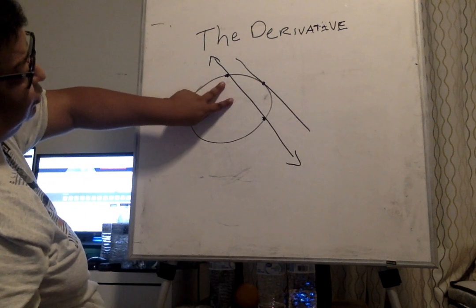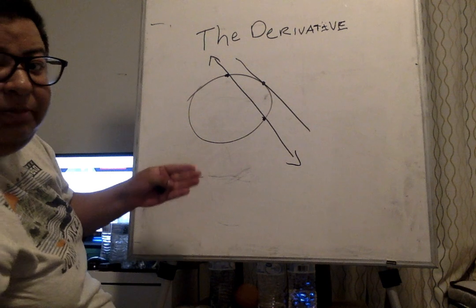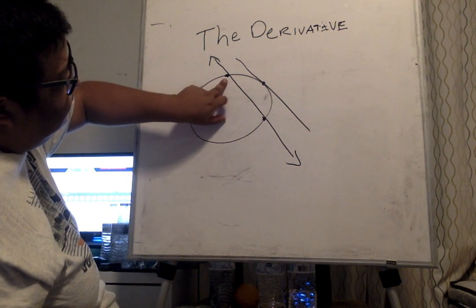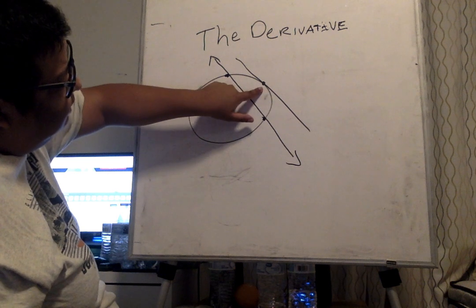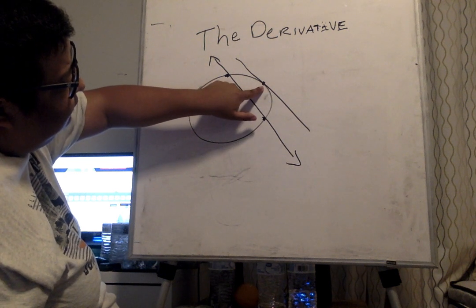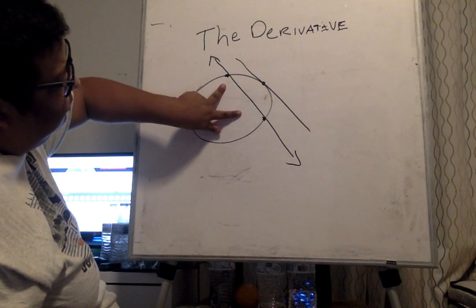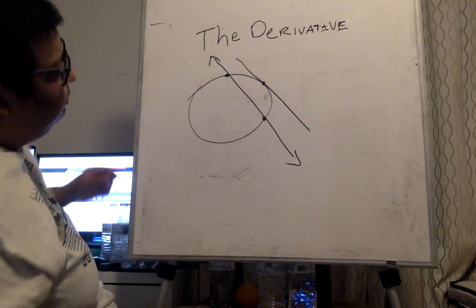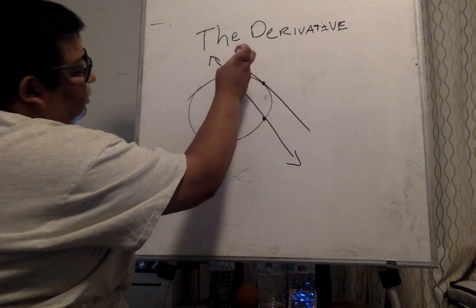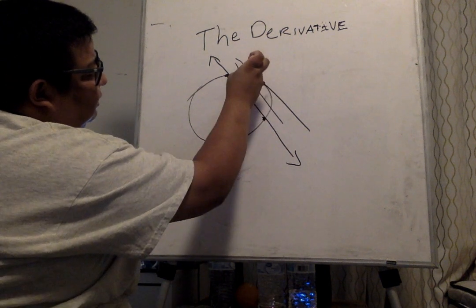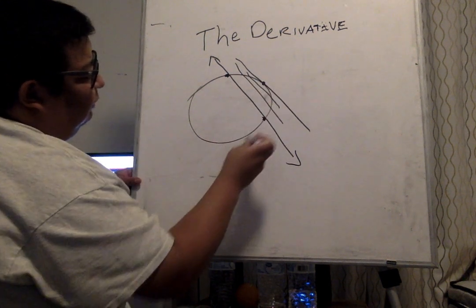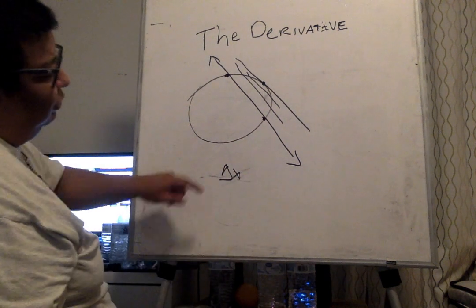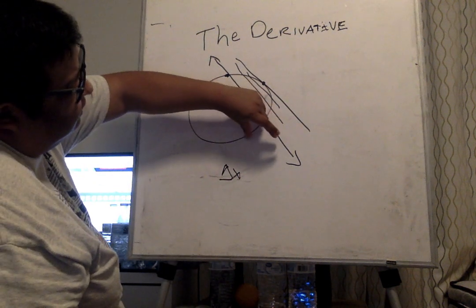Well, what I can do, because we've been talking about limits, right? We can say that we can approximate this derivative or this slope by doing secant lines. For example, the secant lines are approximating the tangent line if your delta x, in other words your range of x's, gets smaller.